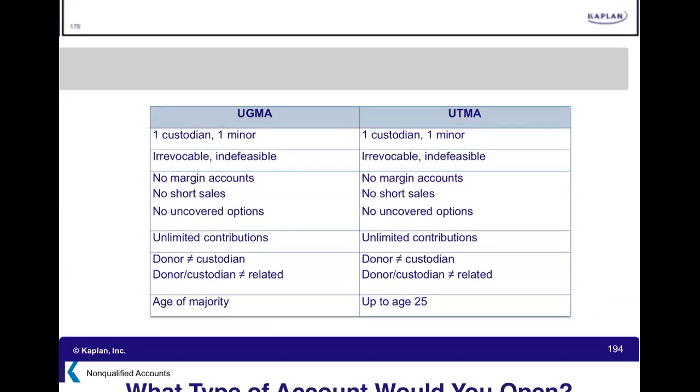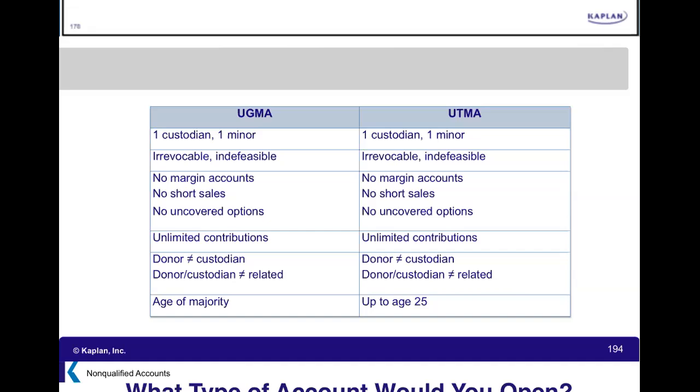Now, what you also might see on your test is what we call a custodial account. And a custodial account will either be an UGMA, a Uniform Gift to Minors Act, or a UTMA, a Uniform Transfer to Minors Act. As you can see, the two of these almost are exactly alike. However, there are two major differences.